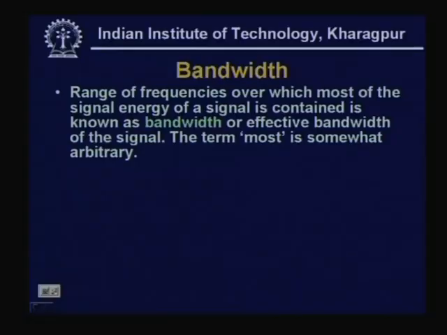That is why there is another parameter known as bandwidth, which represents the frequencies over which most of the signal energy is contained. This can be the effective bandwidth of the signal. Look at the term most: the range of frequencies over which most of the signal energy lies.